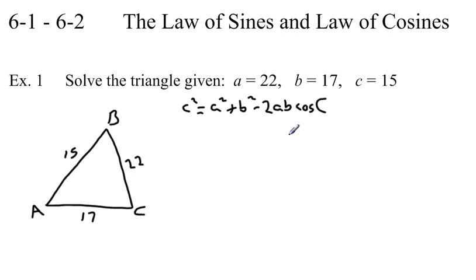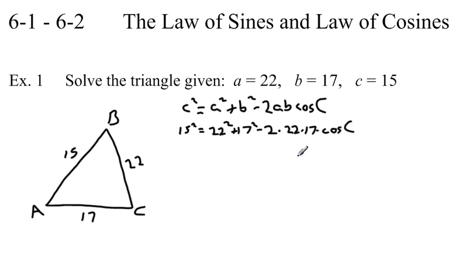Okay, so I'm just going to use this form right here and plug in everything we know. We know that side C is 15, so I'm going to say 15 squared equals 22 squared plus 17 squared minus 2 times 22 times 17 times the cosine of angle C, which we don't know.